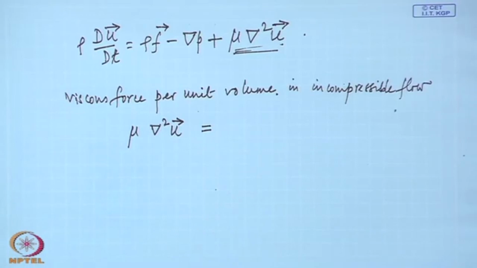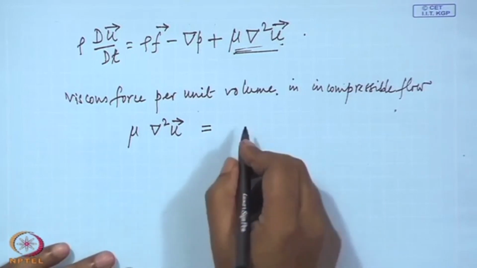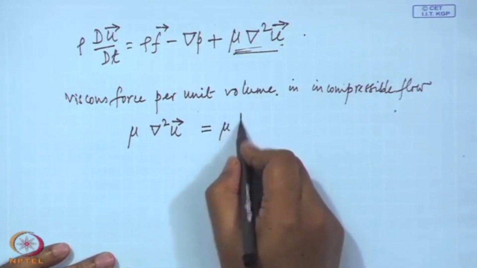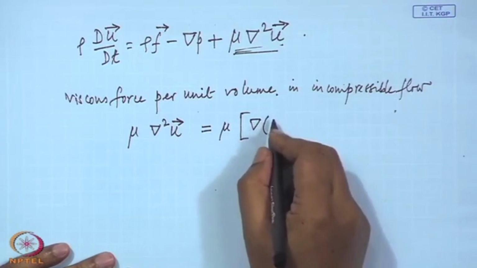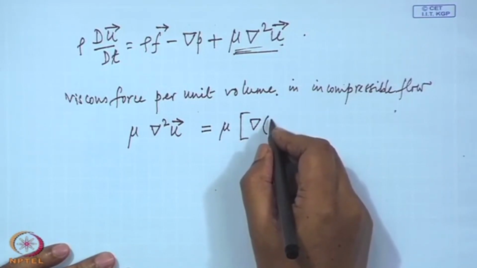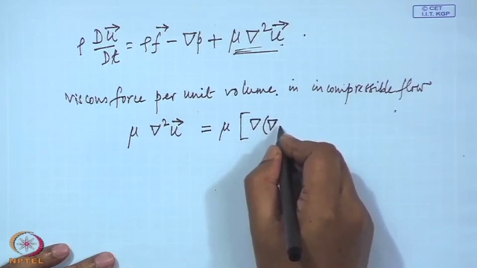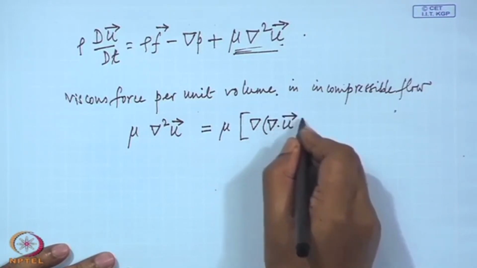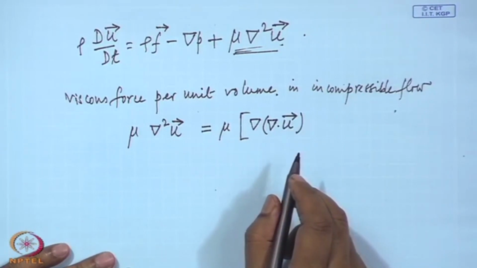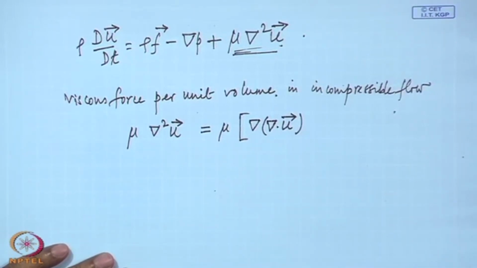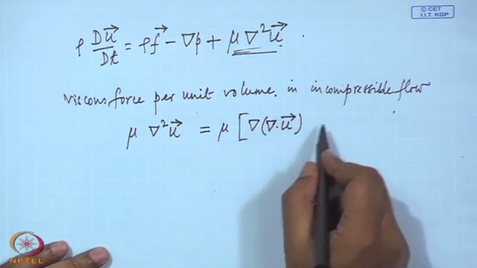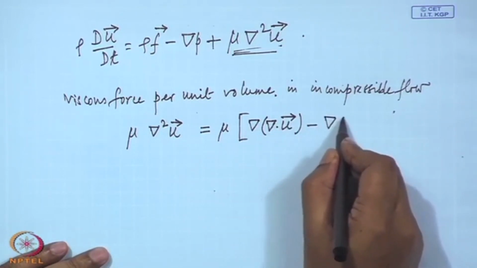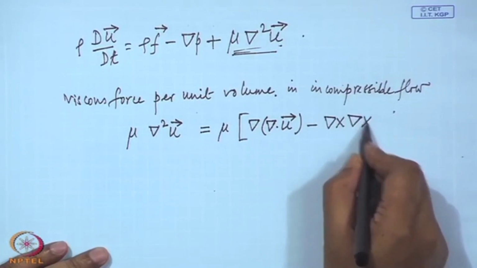Now, using a vector identity, the Laplacian operator can be written as gradient of divergence of u minus curl of curl of u.